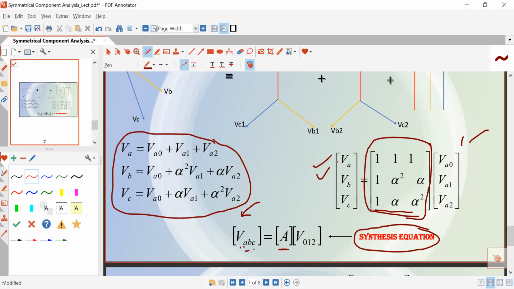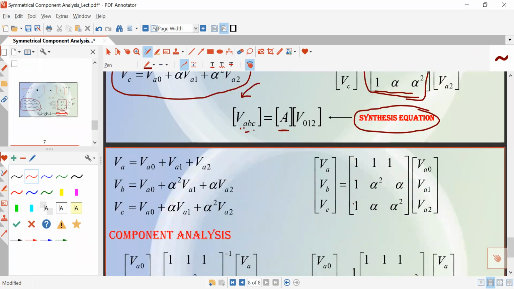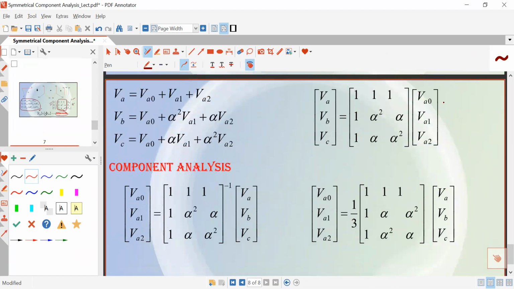Similarly, if you want to calculate VA0, VA1 and VA2 and VA, VB, VC are given, what will you do? You will take the inverse of this matrix. When you take the inverse of the matrix, using the formula for the inverse, you get this result.